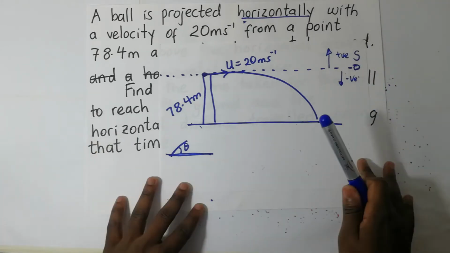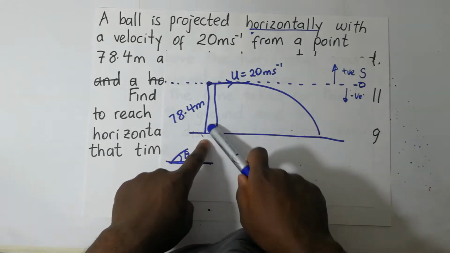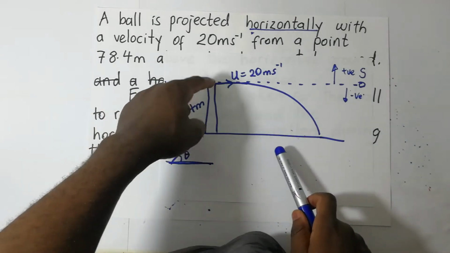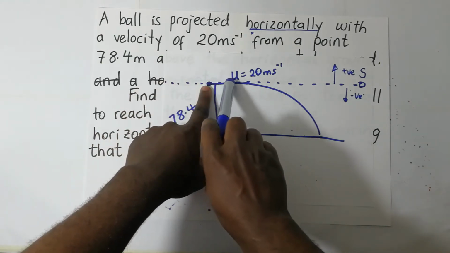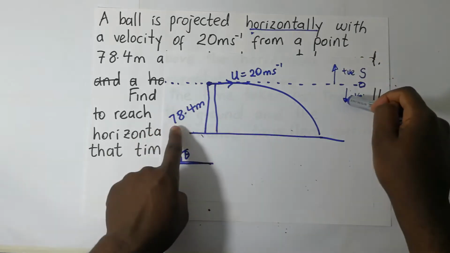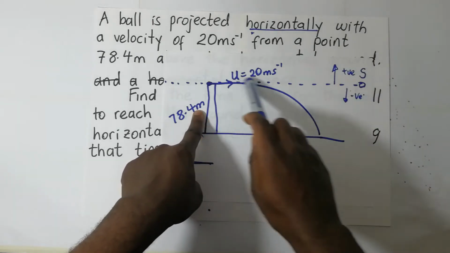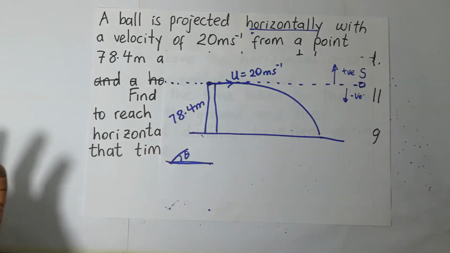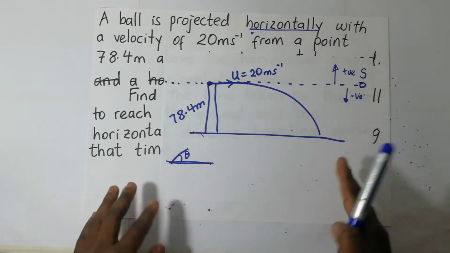So what does this mean? This means that if this tower is 78.4 meters, and this is where we projected from, then when this thing was projected, it was displaced by negative 78.4 meters, below the zero level or the point of projection. So that is the interpretation of this.